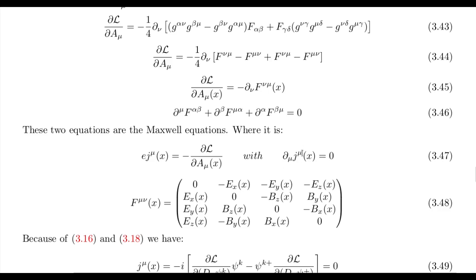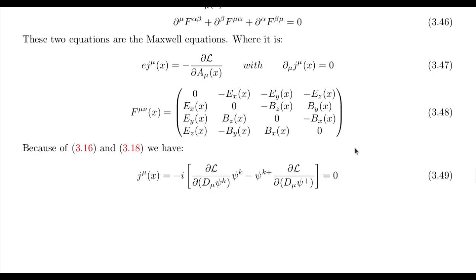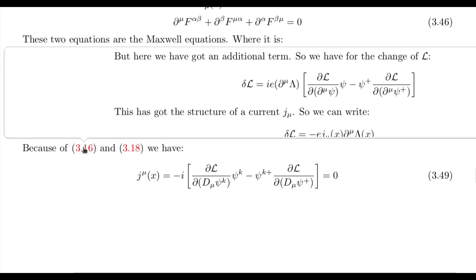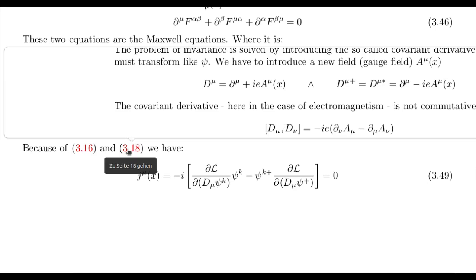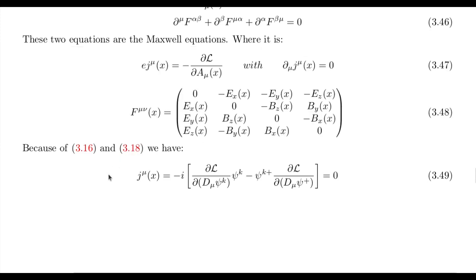Here we have a scalar product. It's a scalar product with a partial derivative. This is 0. And if we look at 316 here and 318 here, that's a covariant derivative, then we can write this for the current J.